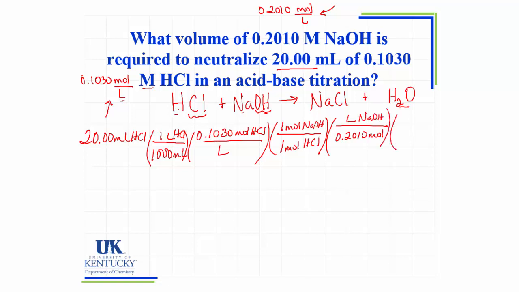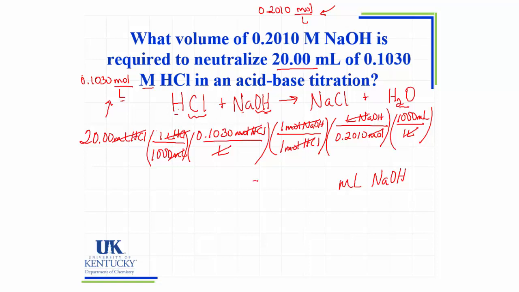And if I want to get this back to milliliters, since the value started out in milliliters, I can do that as well. So 1 liter and 1,000 milliliters are equal. Now I can see that liters of HCl cancel with liters, moles of HCl cancel with moles of HCl, moles of NaOH cancel with moles of NaOH, liters and liters of NaOH cancel, and now what I'll be left with are milliliters of NaOH.